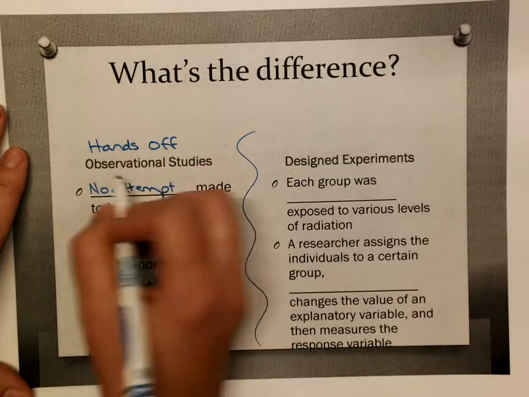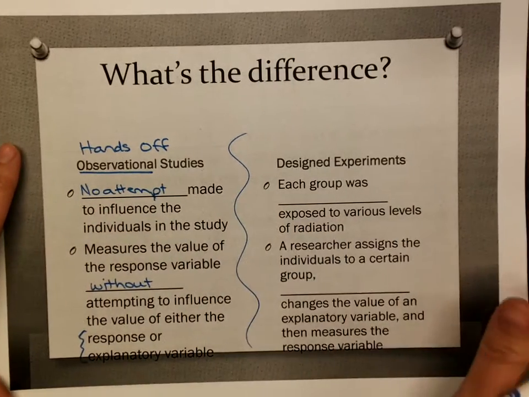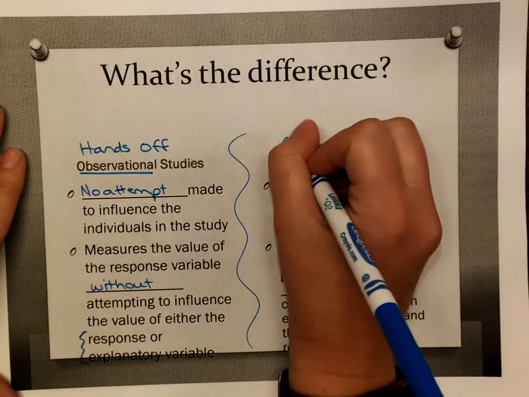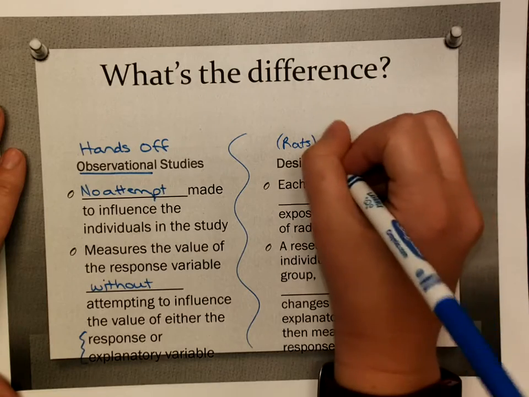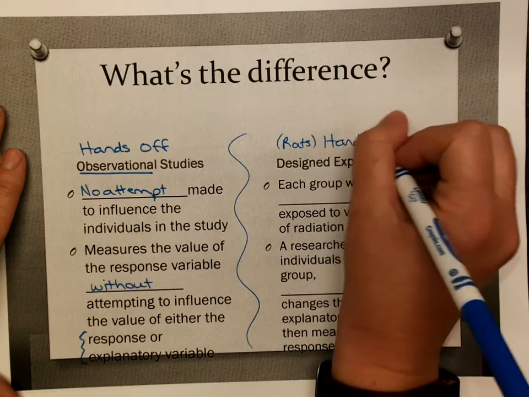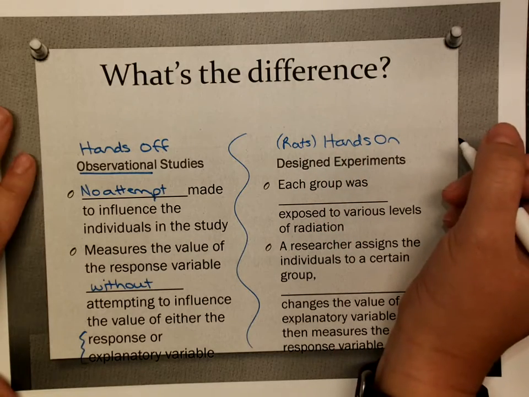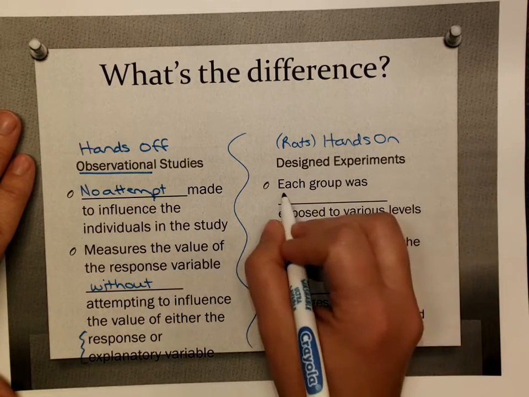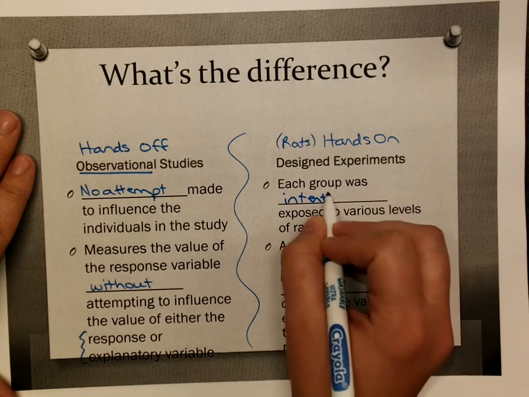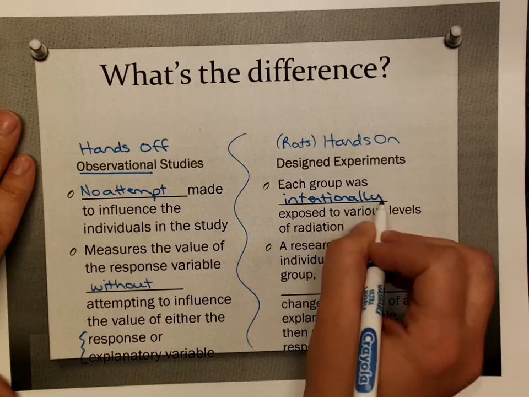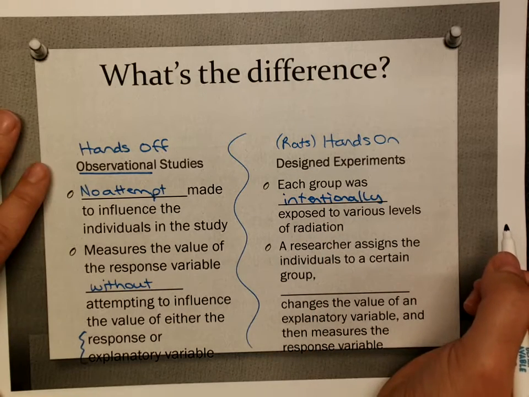So nothing's being done. It's kind of a hands-off approach. We're observing. In the designed experiment, this is the one with the rats. This was very hands-on. It was intentional. So each group was intentionally exposed to different levels of radiation.